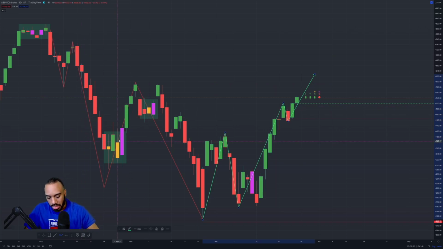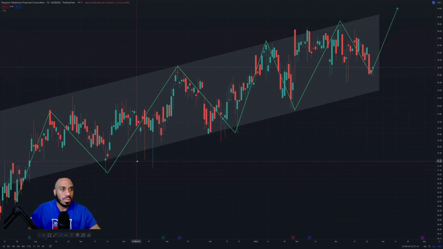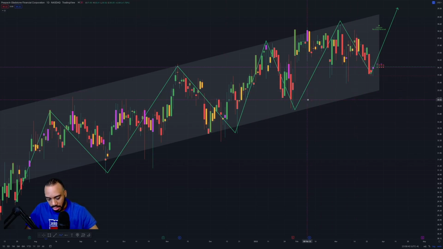Now, let's go back to the other examples. So like PGC, though it's in a clear uptrend, it does pull back. We do have pullbacks. And now these pullbacks aren't reversals because they're not breaking the lows, right, they're not breaking these lows. The lows continue to get higher. Same thing with FLXS.